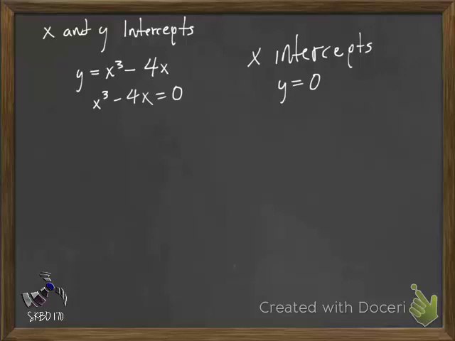Now we have a simple factoring topic, so I'm going to factor the left side of the equation: x times (x squared minus 4) equals 0.